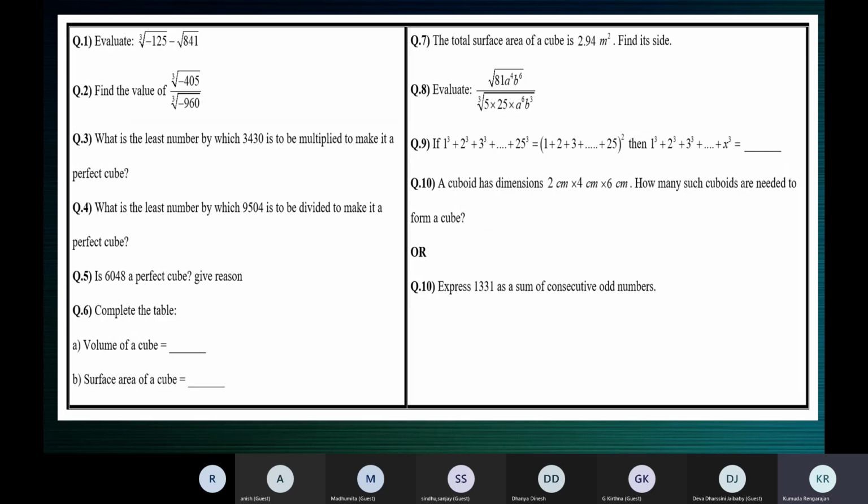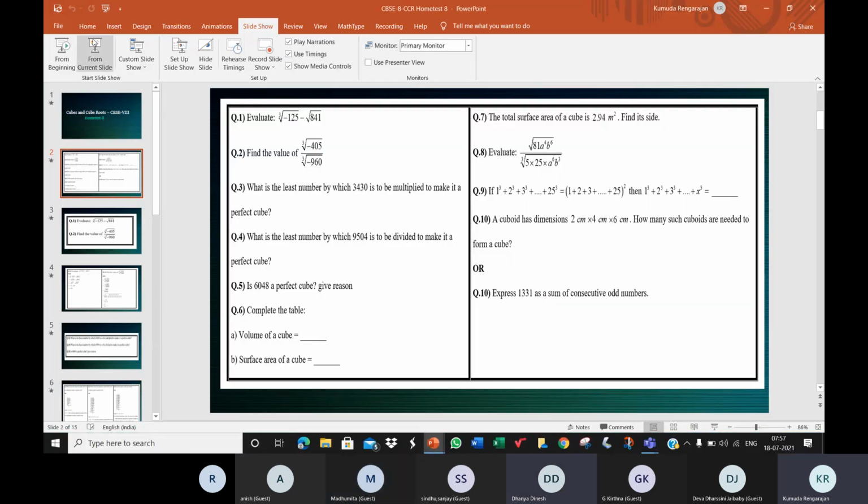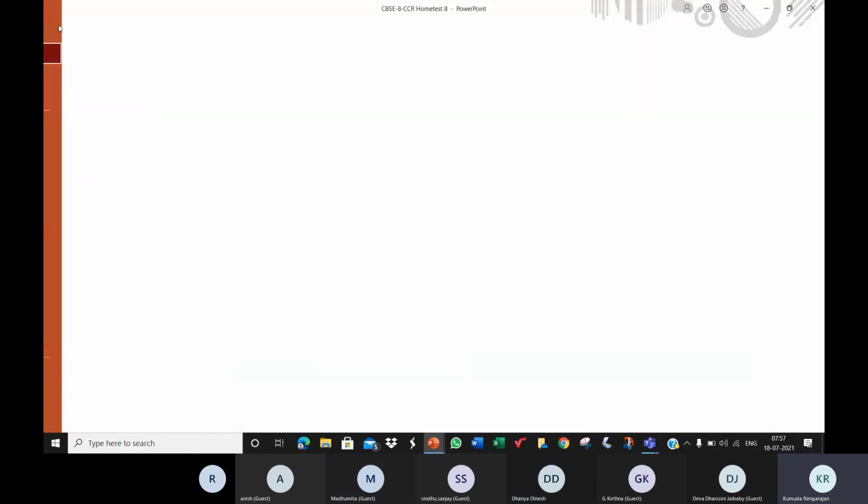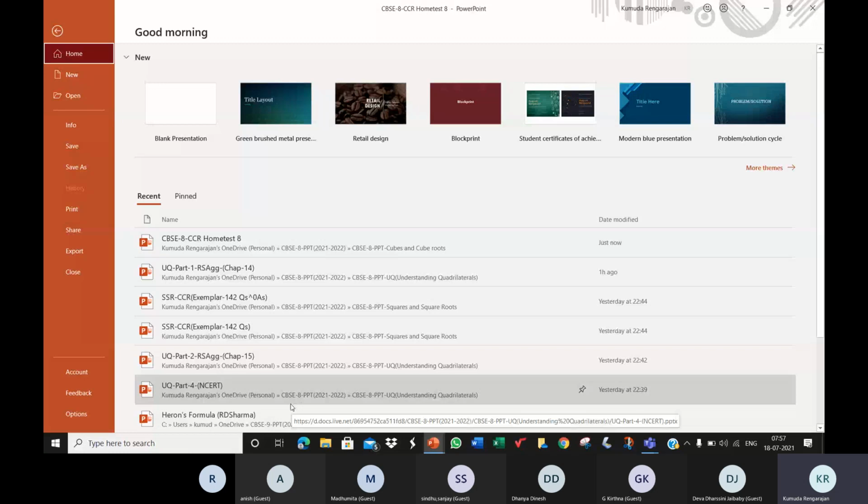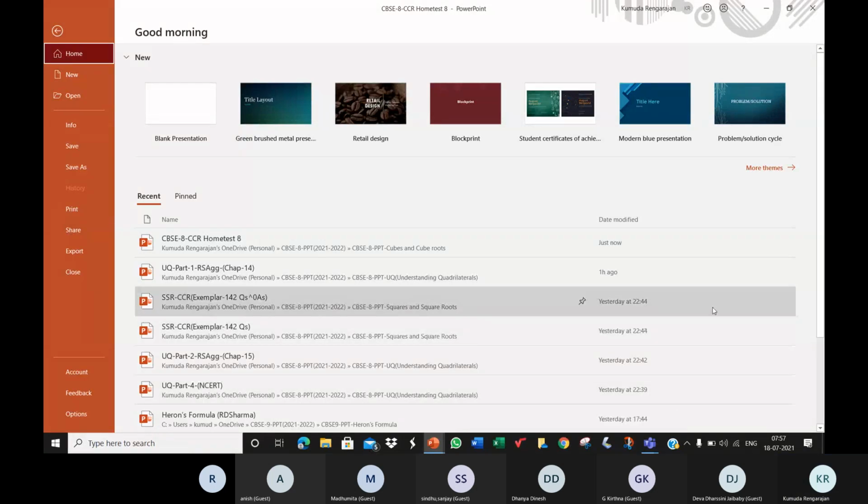Is it this paper, Madhumita? No, ma'am, it's the other paper. Madhumita has a doubt. She wants to get it clarified. I sent 2 papers. Let me open the other one. 1 minute.